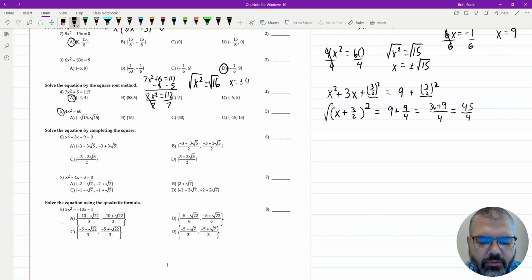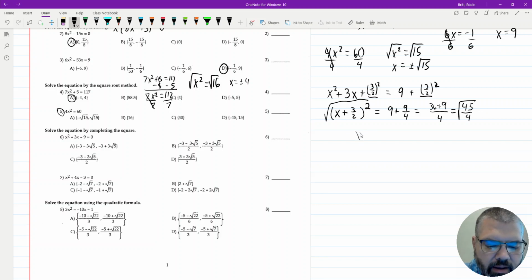Alright, and we take the square root of both sides of the equation, and remember to put a plus or minus in front. Now that's the square root of a fraction. When you have the square root of a fraction, you can take the square root of the numerator over the square root of the denominator. Alright, so let's see.